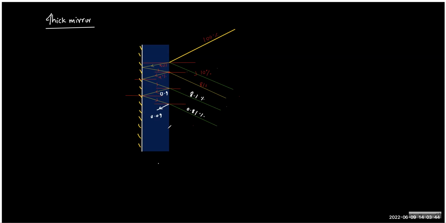Anyway, I will not go further. Now, these are called images. So first image, second image, third image, and fourth image, and so on. So, which image is the brightest image? Image 2. That is the only question they ask you. Second image is brightest.